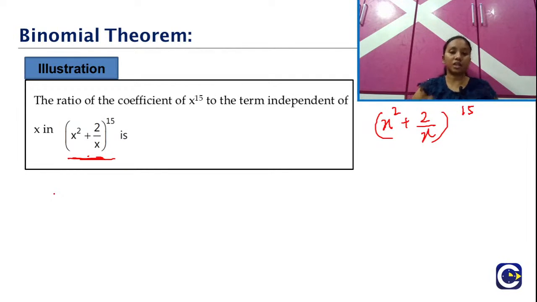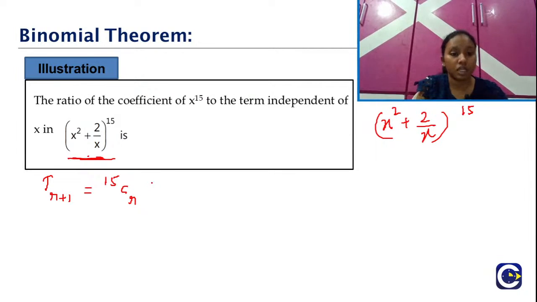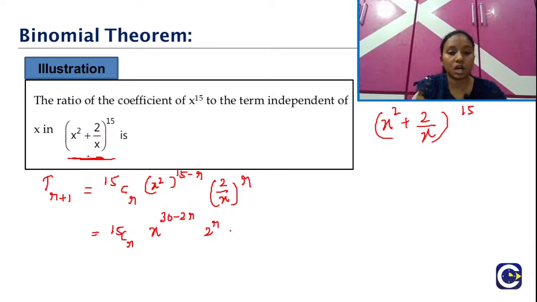So first write the general term. T r plus 1 equals 15 C r, x square power 15 minus r, 2 by x power r. This can be written as 15 C r x power 30 minus 2r, 2 power r, x power minus r.